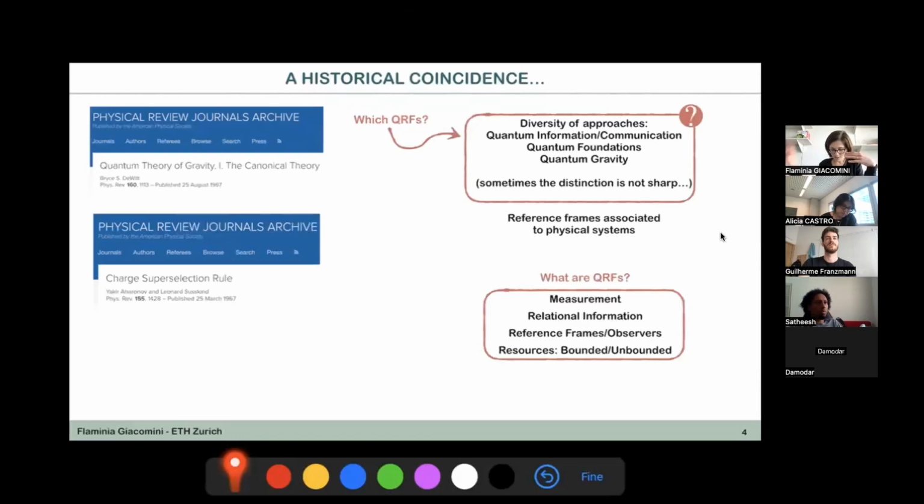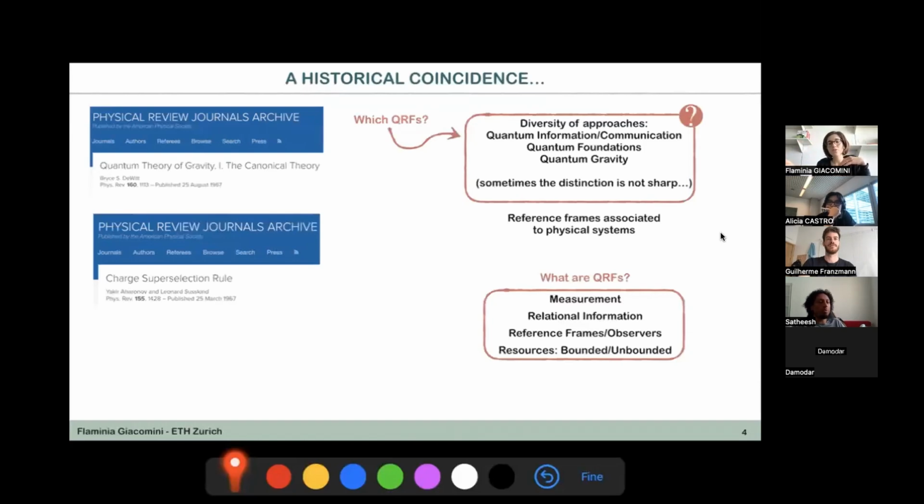And some topics that have been addressed, for instance, is how to make sense of the measurement. Relationalism is something that has been important in both communities. So how to extract relational information from quantum reference frames, motivated in different ways, but this is something that both communities had very well in mind.